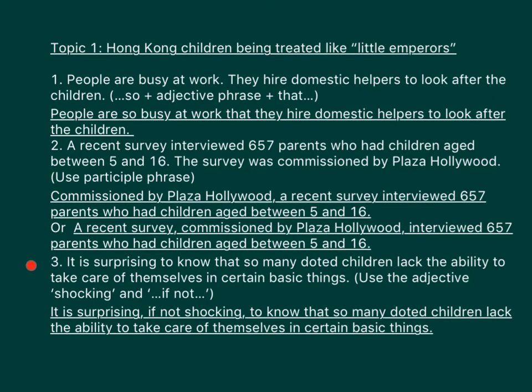Number 3. It is surprising to know that so many doted children lack the ability to take care of themselves in certain basic things. It is surprising, if not shocking, to know that so many doted children lack the ability to take care of themselves in certain basic things.